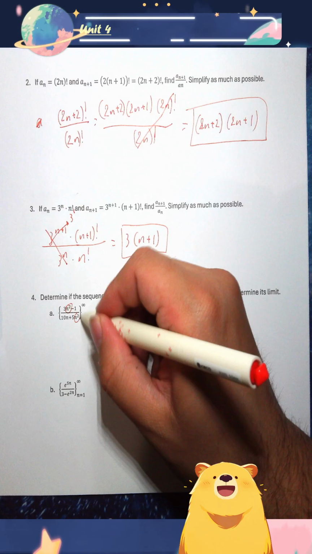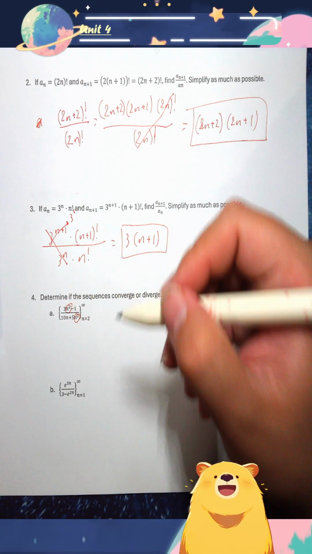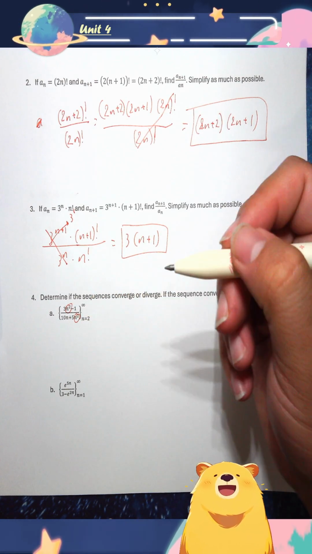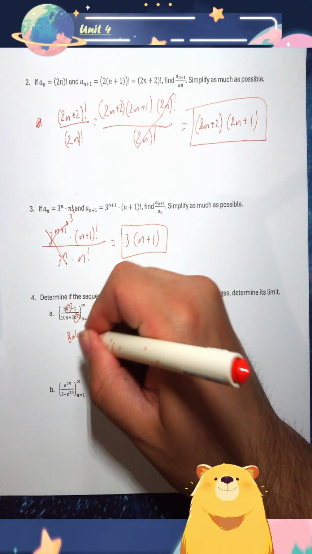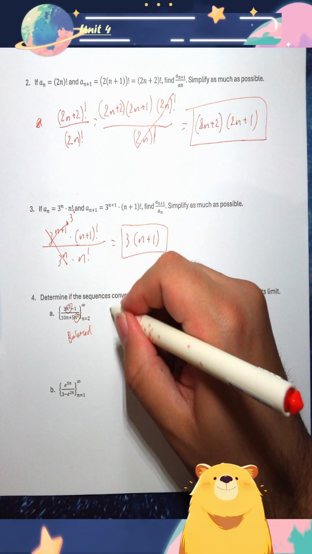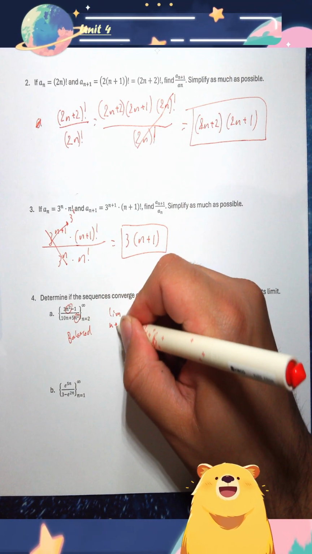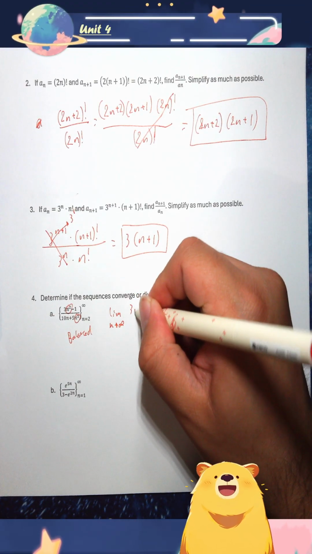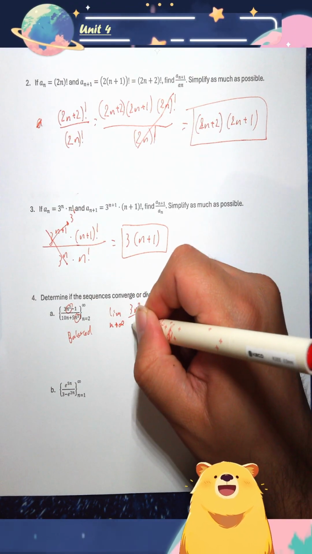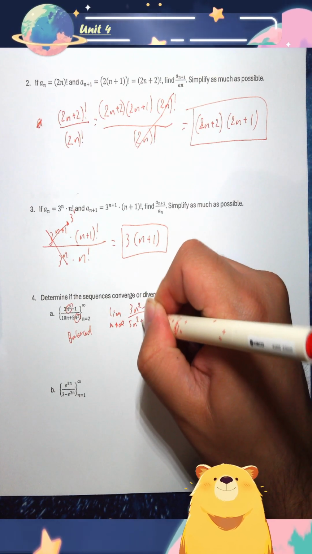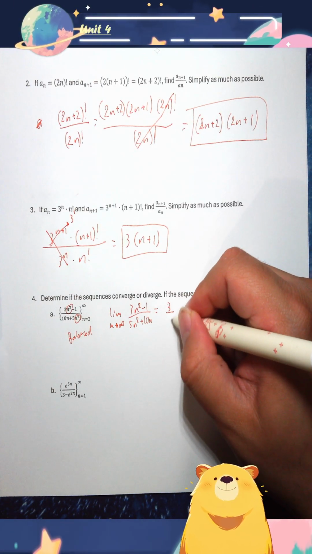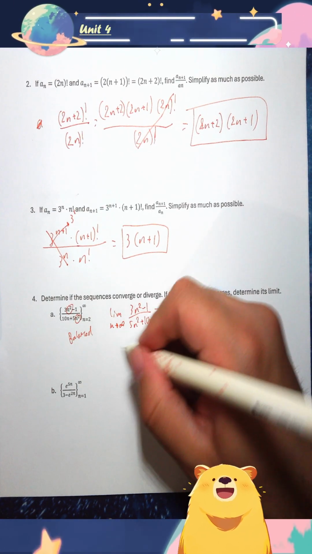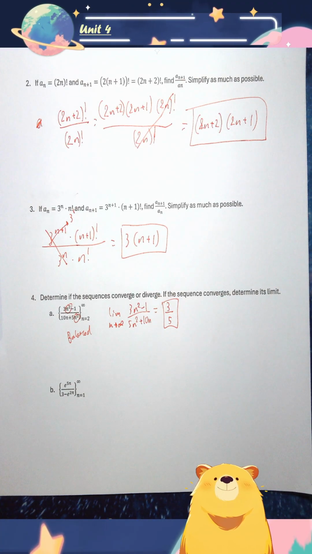The degree at the top and the degree at the bottom are both 2, and that's a balanced equation. So we write it like this, 3n squared minus 1 over 5n squared plus 10n. That's simply 3 over 5, using the logic of a balanced equation.